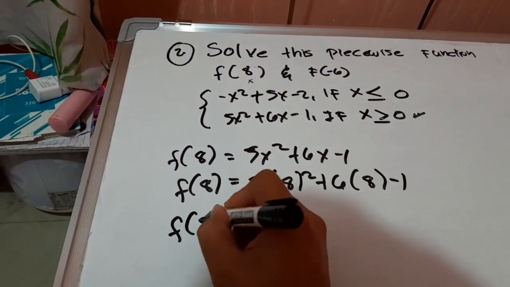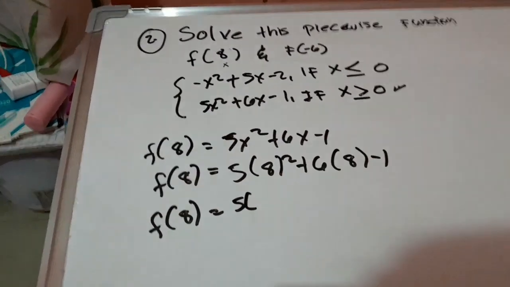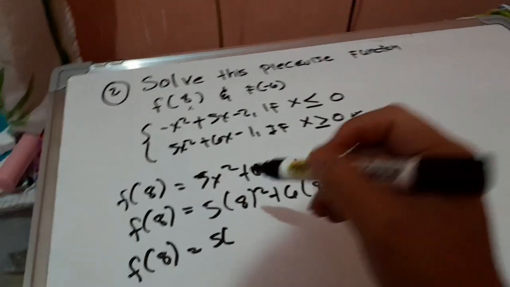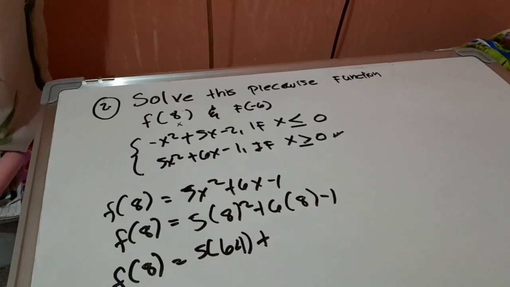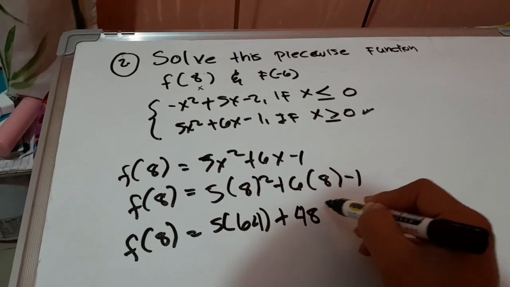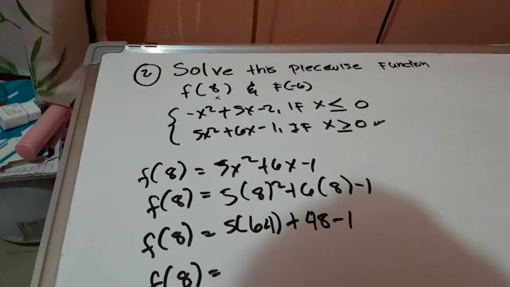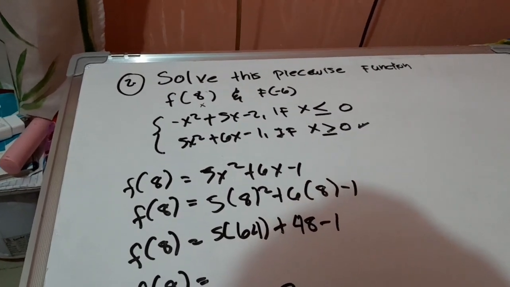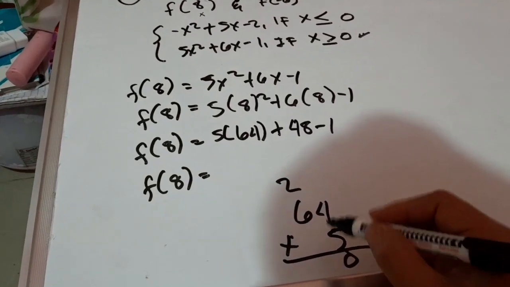So f of 8 equals 8 times 8 equals 64, plus 8 times 6 equals 48, minus 1. So f of 8 equals 64 times 5 equals 320.